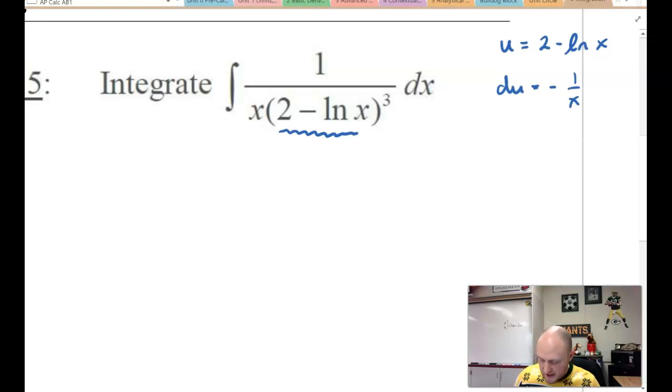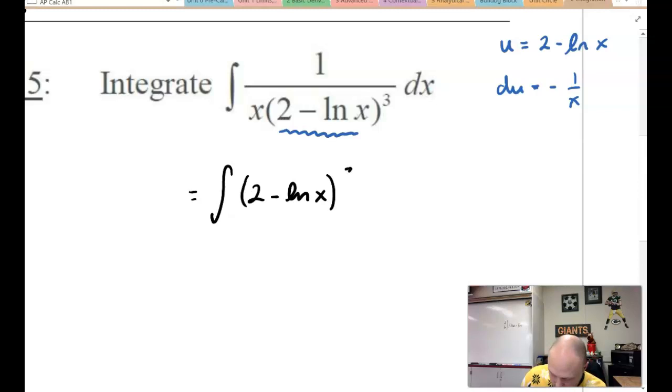But we do have that negative. Okay? So let me rewrite this to show you what we got so far. I have 2 minus natural log of x to the power of 3. Then I have my 1 over x dx. I'm missing the negative, so I'll introduce the negative here, and then I'll balance it on the outside.